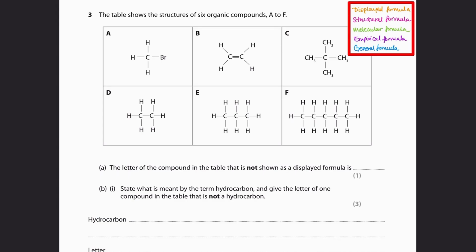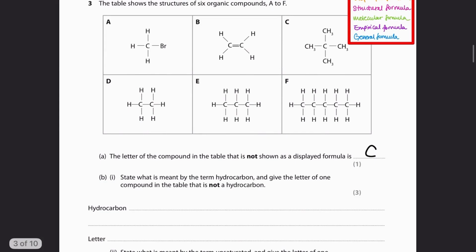So therefore, who does not have all the bonds shown? It's got to be C, isn't it? Because look, at this carbon here, you're not seeing the bonds to the hydrogen. It just writes CH3, but if it's a proper displayed formula, they should be drawing carbon with the 3 hydrogens like that. Then that would be a displayed formula. So that's why C is not a displayed formula, right?